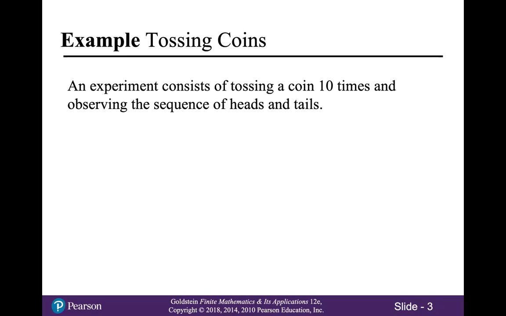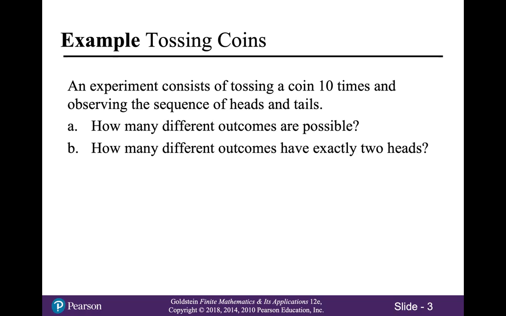An experiment consists of tossing a coin 10 times and observing the sequence of heads and tails. So we're going to use the methods of this chapter to figure out first how many different outcomes are possible, total. How many different outcomes have exactly 2 heads?